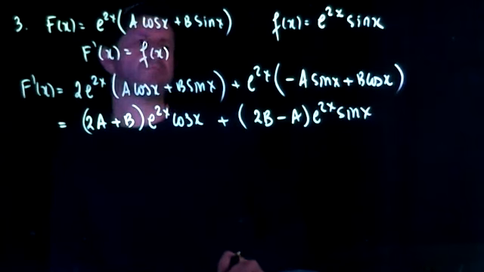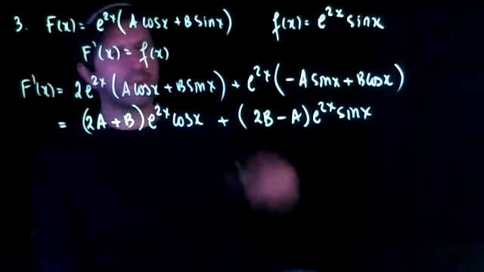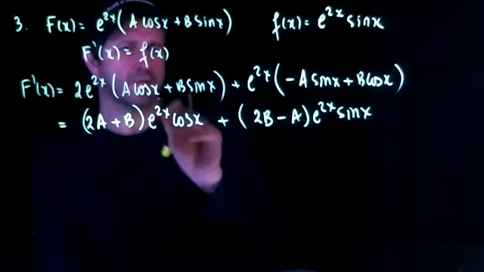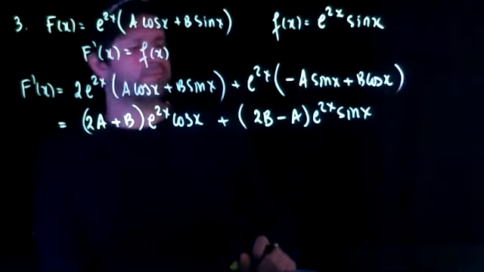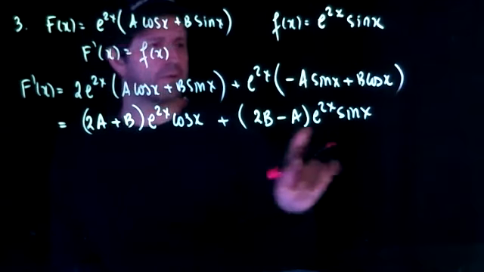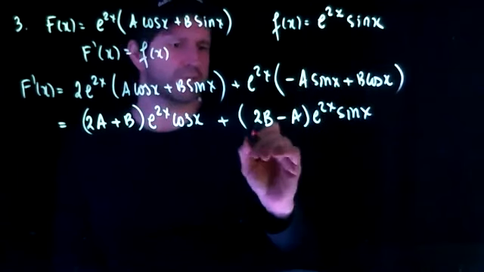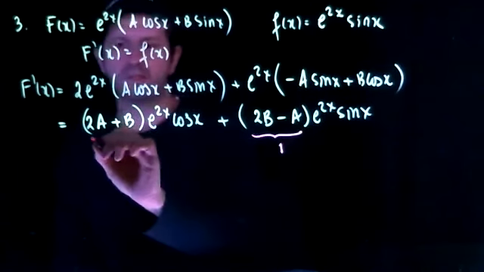This is what I have. You understand what I just did? I combined the cos x's together and the sine x's together. Okay, that's it. Now, since I want it to be equal to e to the 2x sine x, this has to be 1, and this has to be 0.